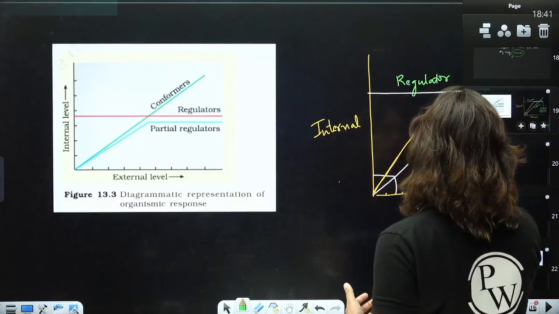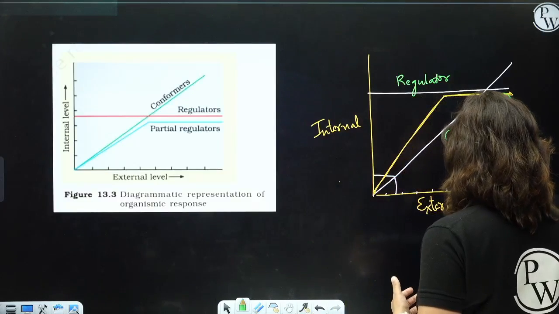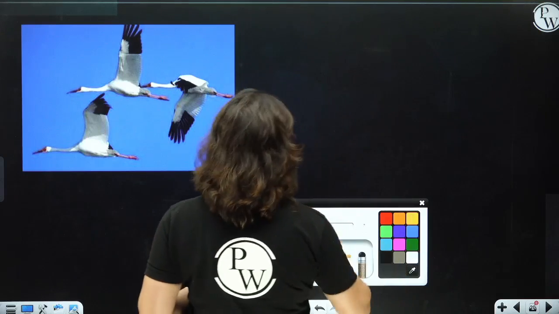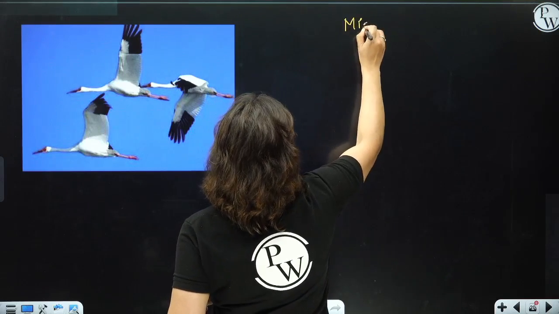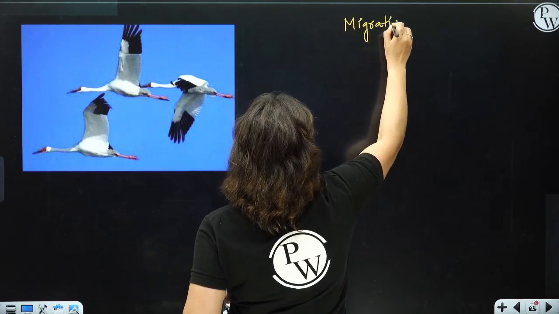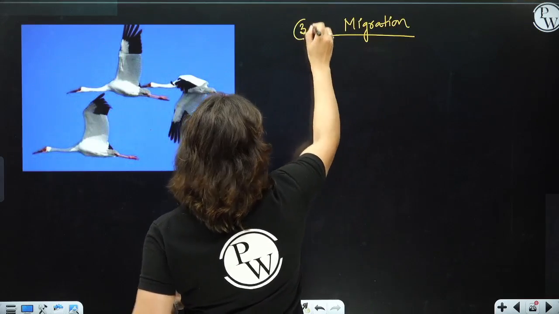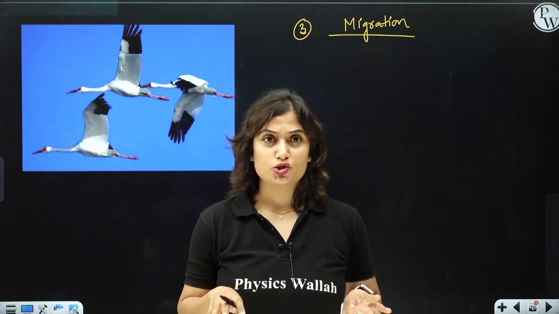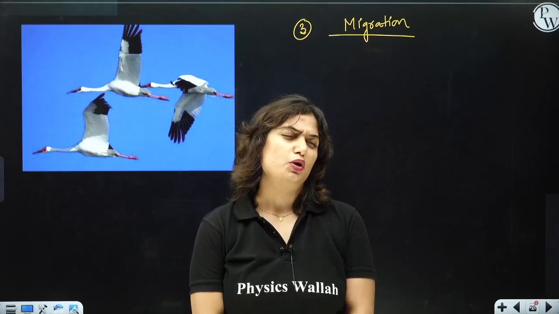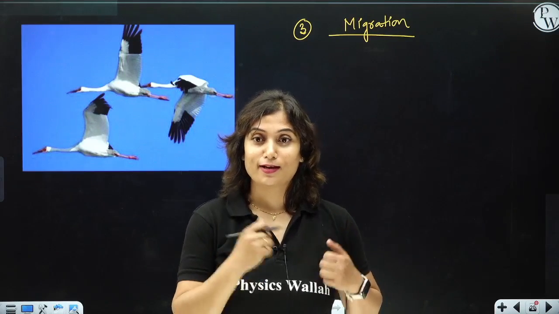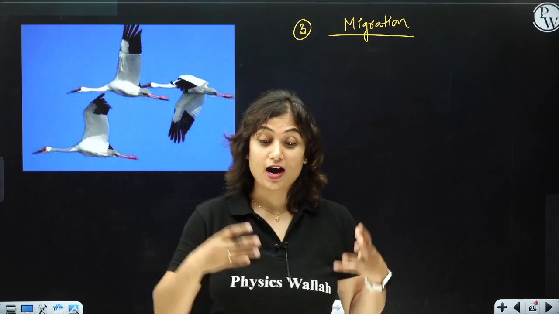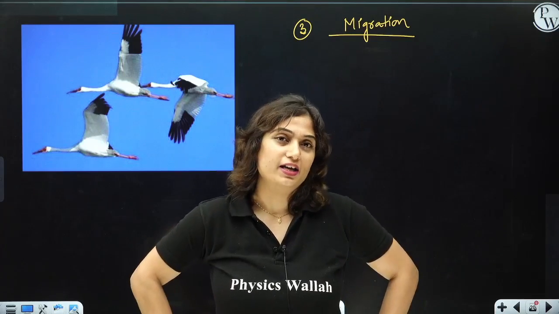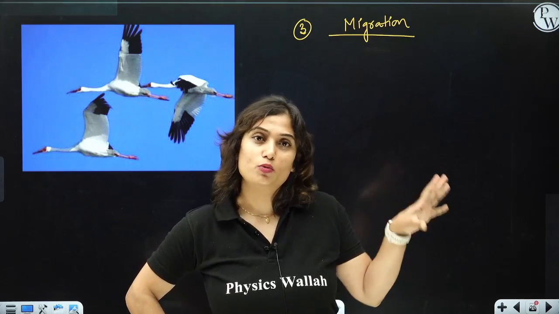So we have understood what regulation and conformation are. Now let's understand what migration is. Some organisms, when they find that the current environmental conditions are not good for them and they don't want to fight, simply run away to a more comfortable place.